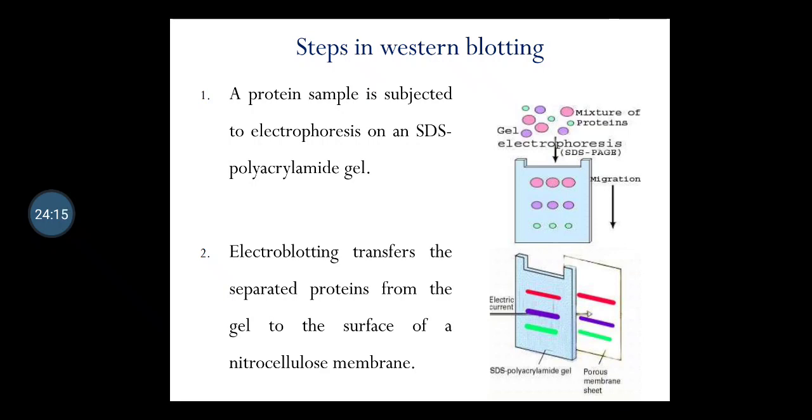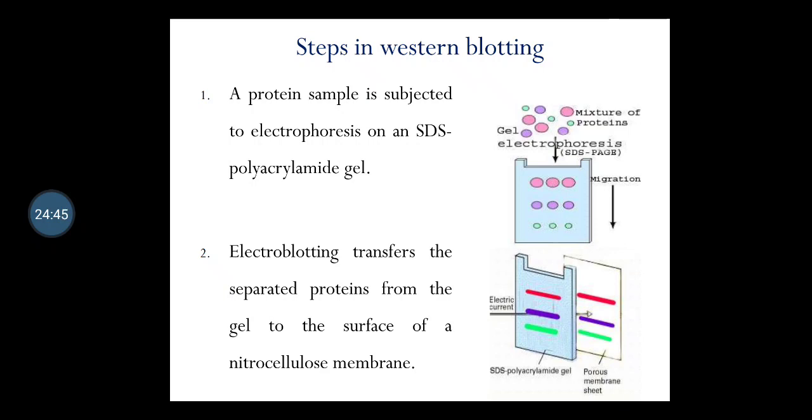So the mixture of proteins is subjected to gel electrophoresis on the SDS polyacrylamide gel, where you can see the migration rate of the proteins from pink to purple violet, then green. Then in the second step, electroblotting, the separated protein is transferred from the gel to the surface of a nitrocellulose membrane.